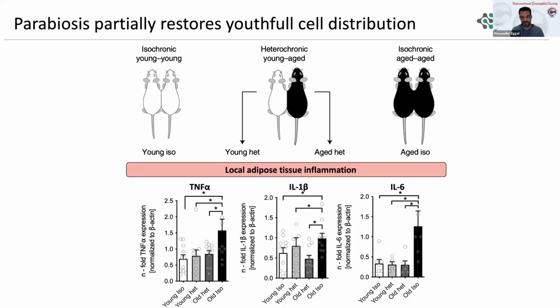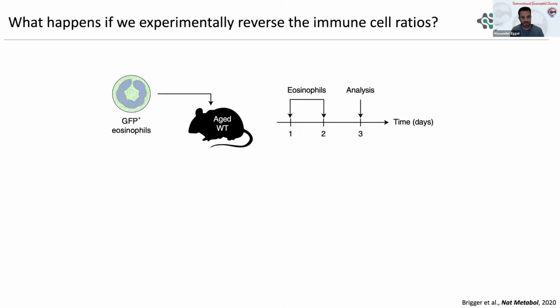What we decided to do was a transfer experiment where we injected eosinophils from young mice into aged wild types. This is a first proof-of-concept experiment where we just injected eosinophils twice into aged mice. We did this intraperitoneally and then looked at where these cells end up.